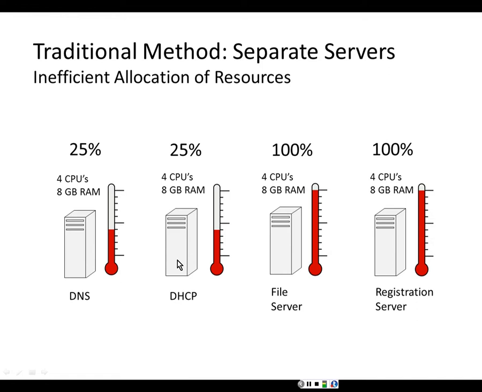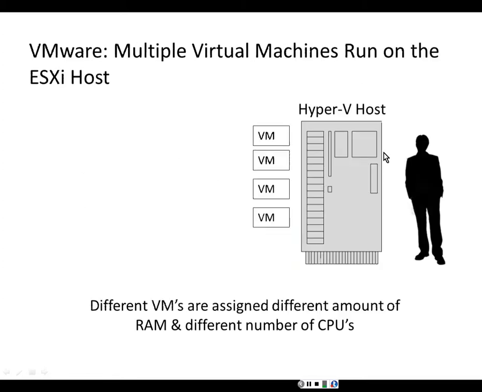Some servers are only using 25% of the resources. Some servers are totally maxed out. But when we use virtualization, we have multiple virtual machines running on one big ESXi host, and different virtual machines are assigned a different amount of RAM and a different number of CPUs.